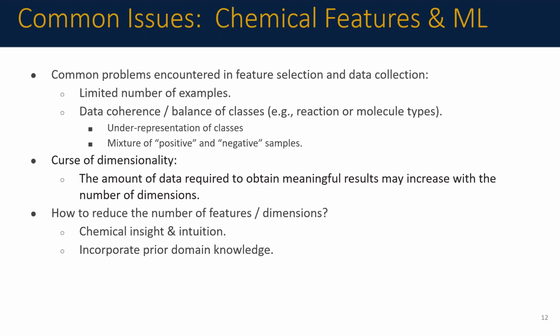Because we have a fixed number of examples, we may ask how we can reduce the number of features or dimensions. Some common ways, of course, that all of you are more familiar with than I am, is to use chemical insight and intuition and incorporate prior domain knowledge.